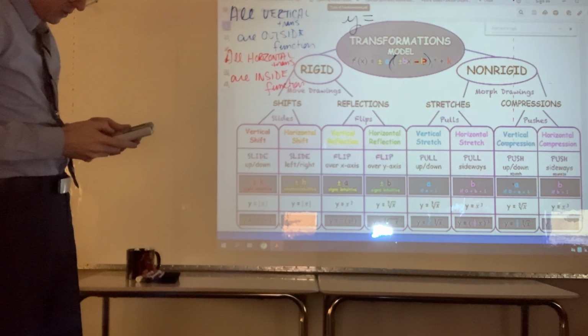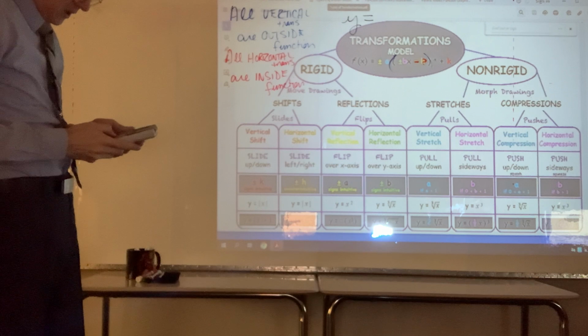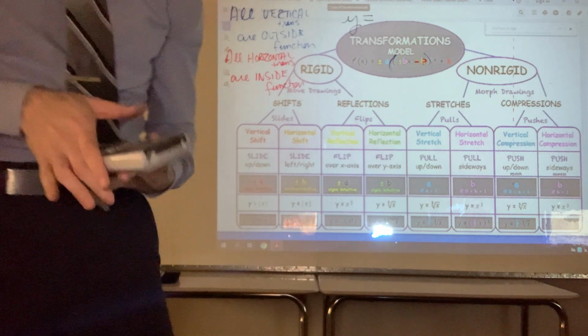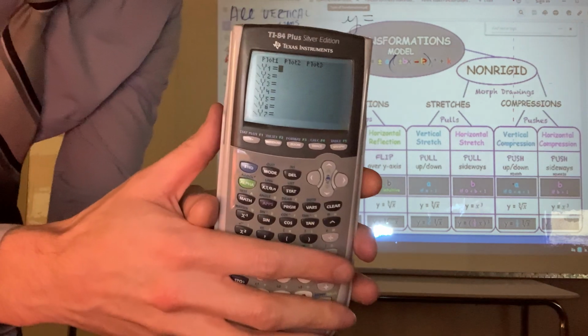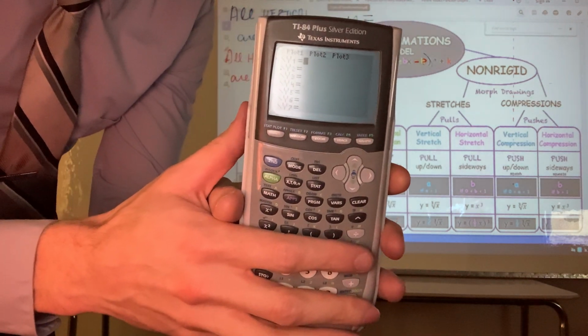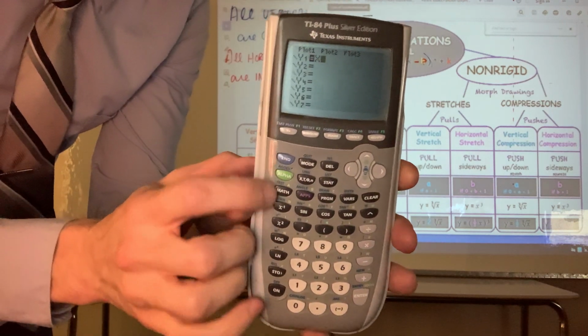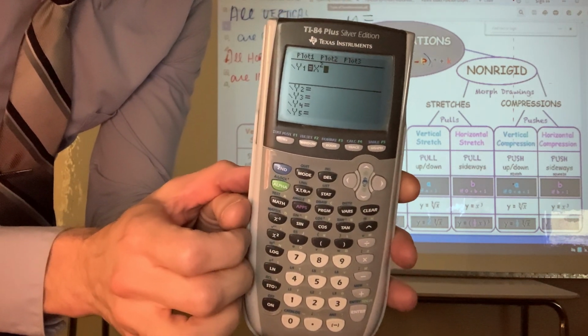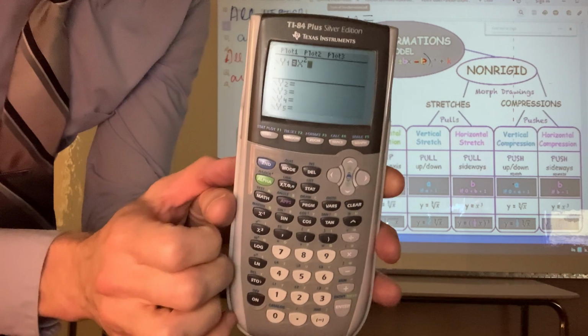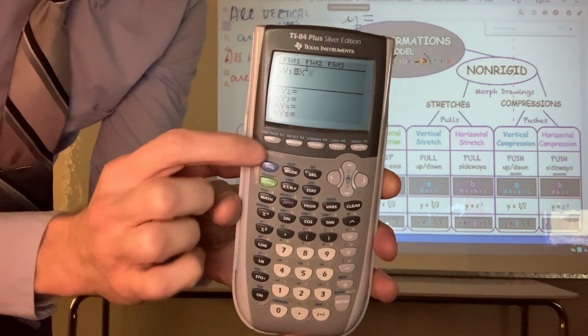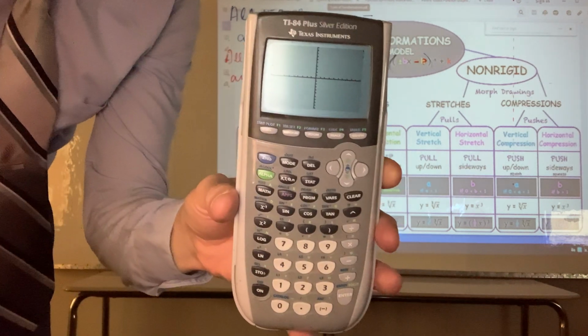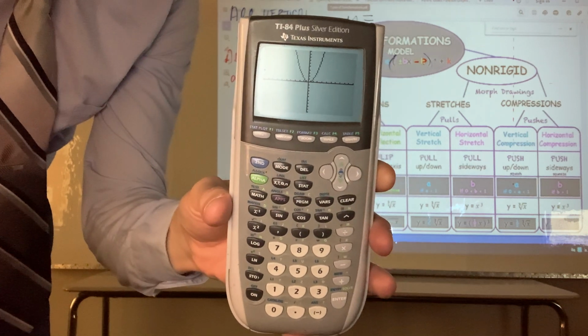I gotta clear out my old stuff in here, and then I'll show you. All right, back to y equals. If you just want to get x squared and illustrate, here's x. There is a button for squaring, of course, so you don't have to use the caret. That's an alternative if you like. And here is how the graph would look. All right, the classic parabola shape, of course, right?